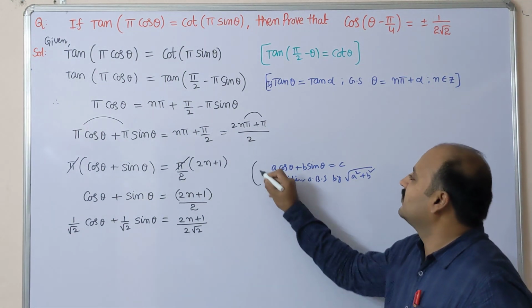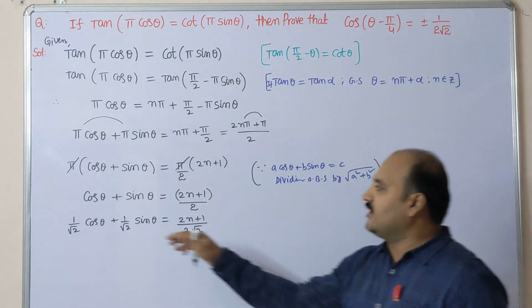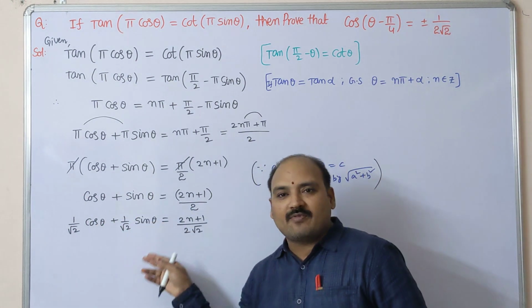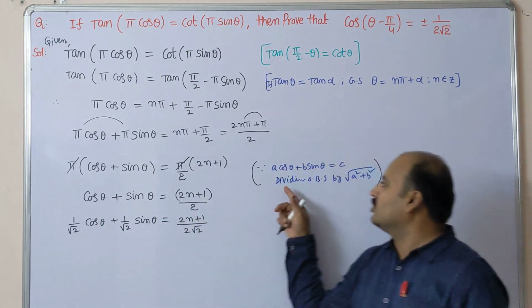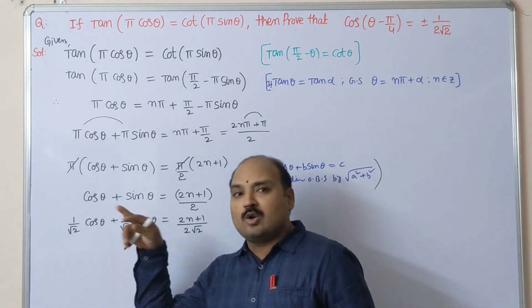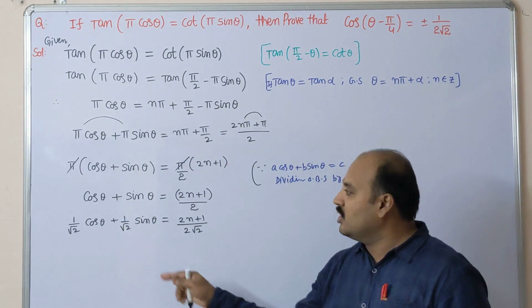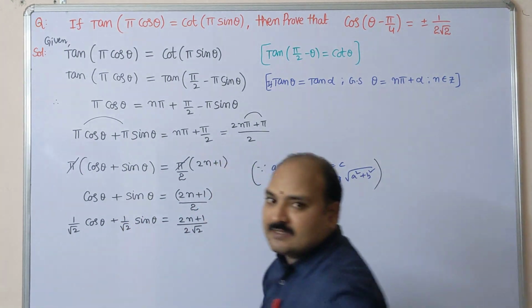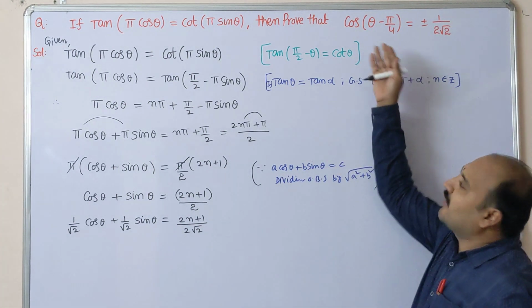It is in the form of a cos theta plus b sin theta equal to c. To solve this type of equation, we need to divide on both sides by root over a square plus b square, where a equal to 1, b equal to 1, root 1 square plus 1 square is root 2. But on the LHS, I want to write in terms of cos of a minus b.